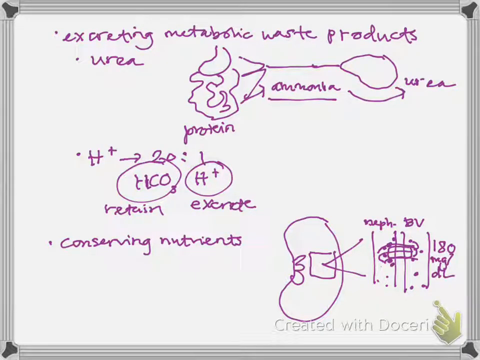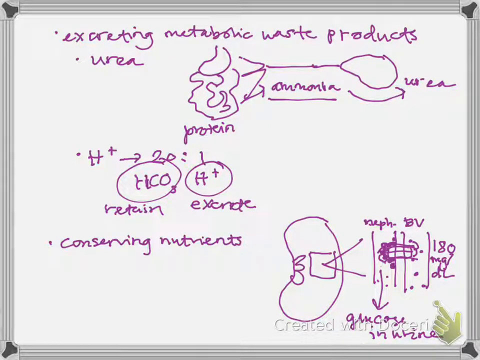When that much sugar is in your blood, if there's any more, all of this sugar backs up at the pump and it can't keep up with it. So what happens is you see glucose spilled in the urine, which is not a normal finding. So your kidneys are responsible for conserving that glucose.